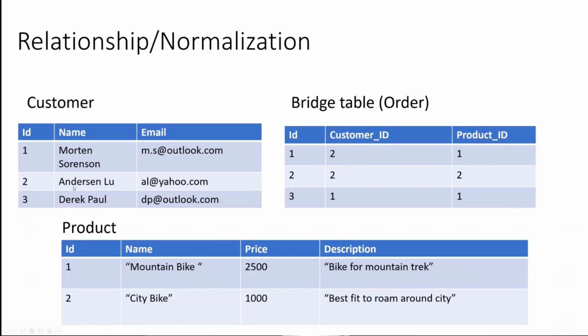We come here, we see that is our customer name, Anderson. And then we also see the product ID as 1, which is a mountain bike, and it has the price. So if someone writes a query, they can join these 3 tables and translate it as a meaningful result, saying Anderson got a mountain bike which costs 2,500 euros or dollars, whatever. That's the reason you need to have the relationship when you work with SQL.